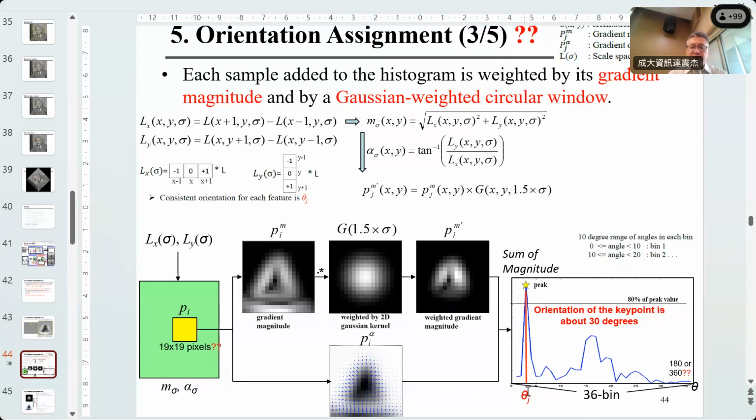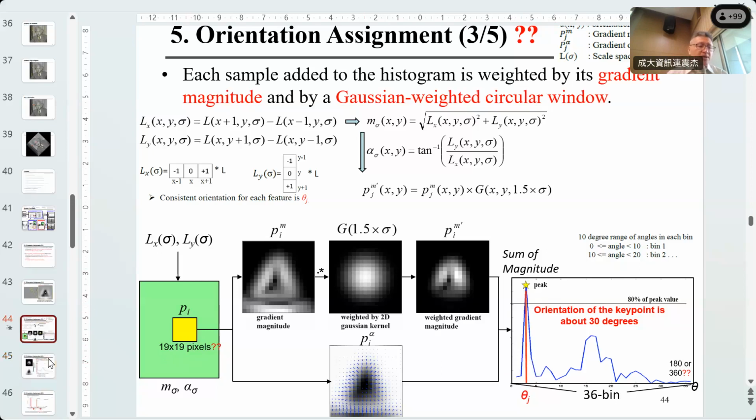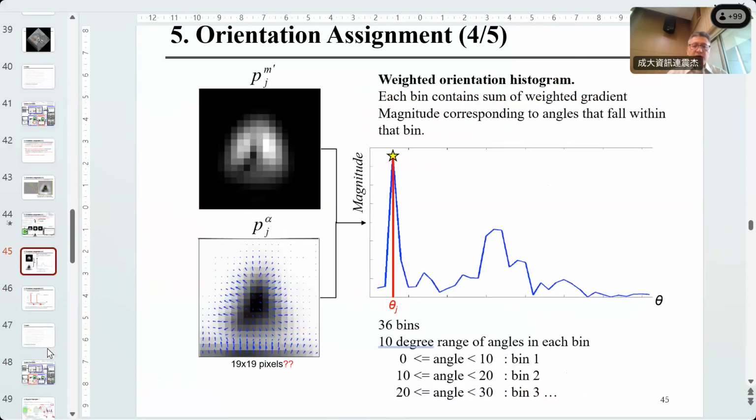Suppose the peak is here, and it belongs to bin 1, which covers rotation angles 0 to 4. So for each peak, we have a corresponding rotation angle. That's for this patch.